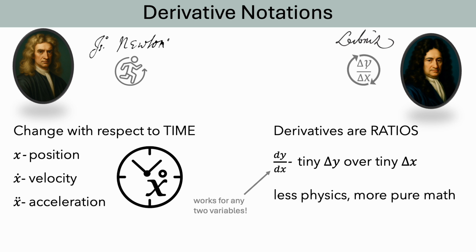Even better, dy dx behaved like fractions in many calculations. To be fair, this wasn't mathematically rigorous. dy and dx aren't really numbers, but it made calculus feel intuitive and it helped mathematicians avoid errors.